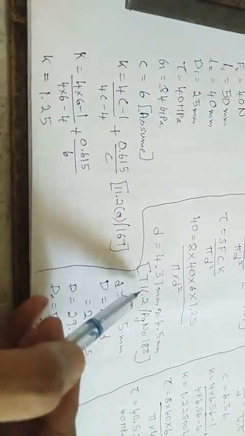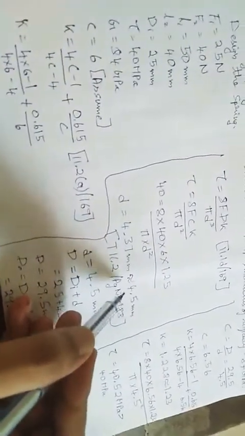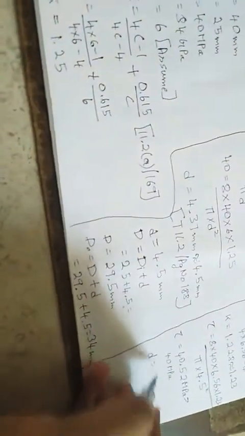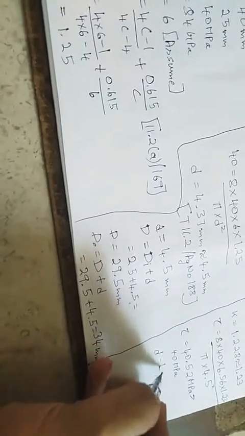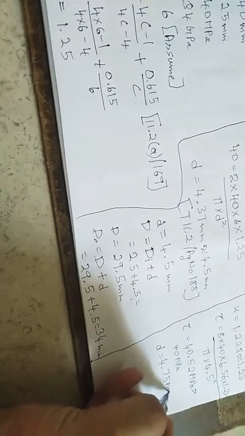So here again we shall refer table 11.2, page 188. Here again we'll see 4.25, 4.5, the increment is 0.25. So we'll give the increment, here there is 4.5 mm, we'll give 0.25 increment and we'll assume the diameter as 4.75 mm.